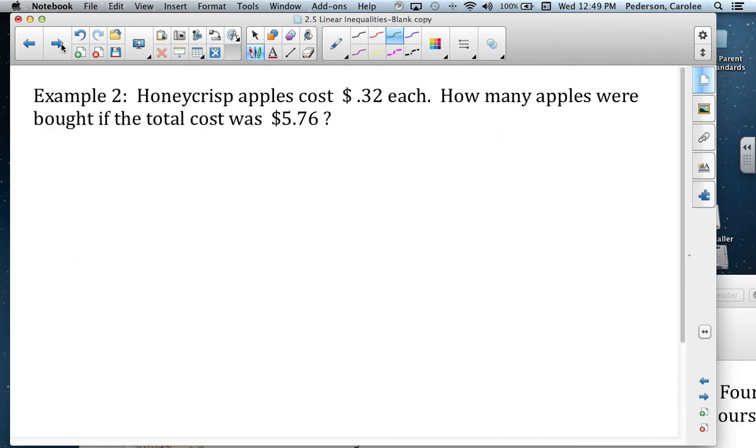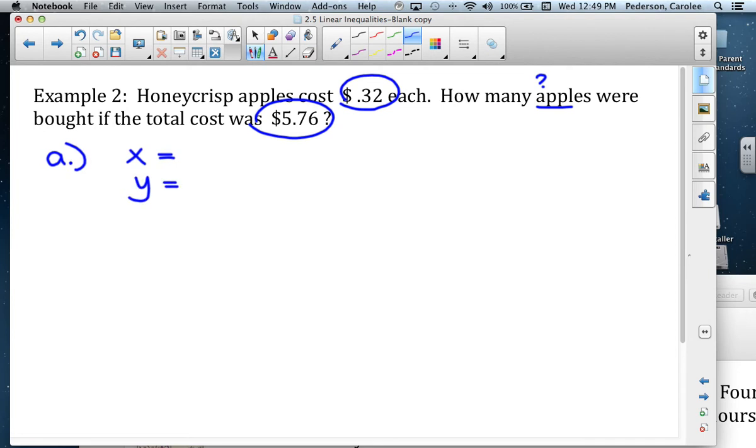Let's do one more example. Now we have Honeycrisp apples. They cost 32 cents each, and we want to find out how many apples if we paid $5.76. So let's set up those 4 steps again. A, what does X equal? What does Y equal?